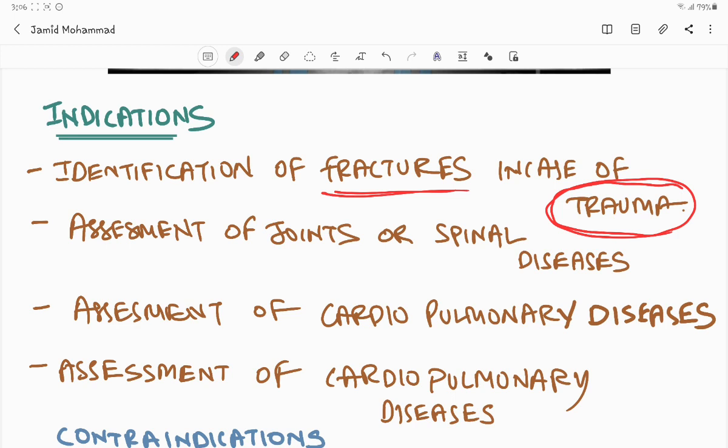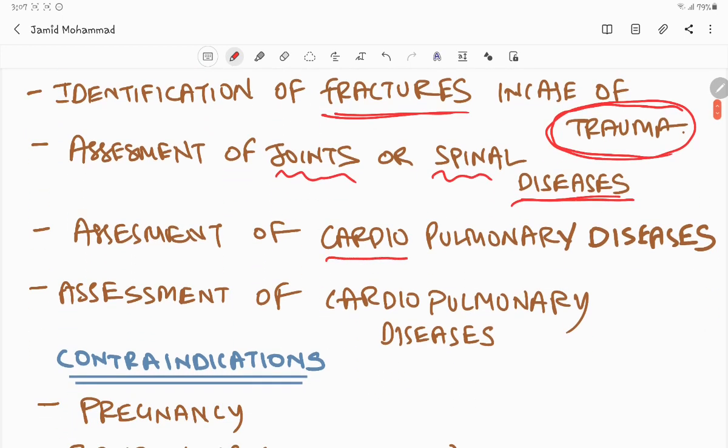It would be easier for a medical practitioner to use an X-ray to find out whether there are any fractures inside the thoracic cavity of the patient or not. And in order to assess joint or spinal diseases, an X-ray is suggested by a medical practitioner.